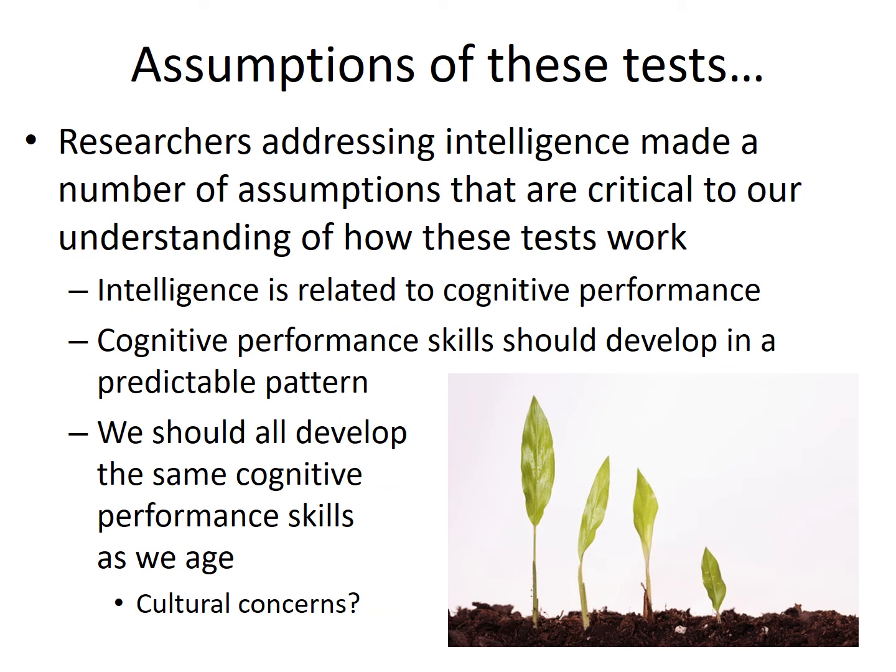Of course, when we're looking at these tests and their development, it's really critical to bring back our attention to the fact that when we talk about intelligence through the lens of these tests, we are limiting our scope of how we define intelligence. If I talk about somebody as being very intelligent because of what they scored on a test, my ability to describe their intelligence is limited to the range of intelligence that that test can actually get at.